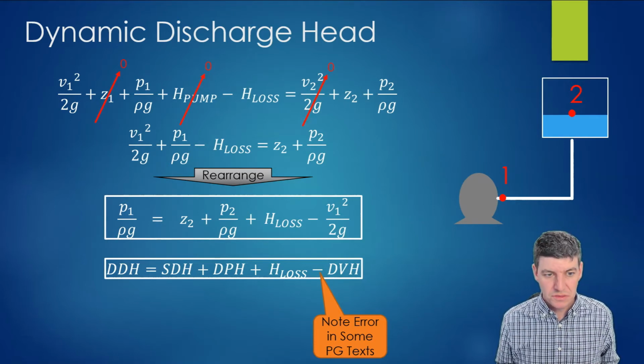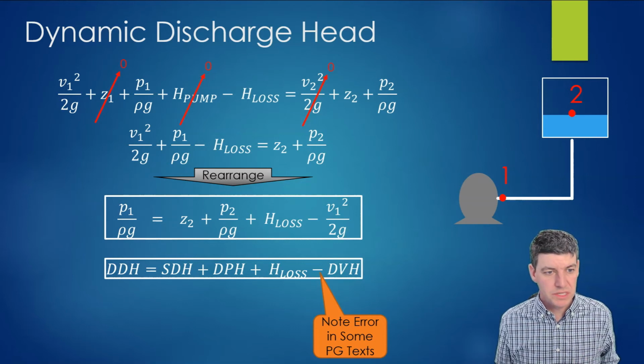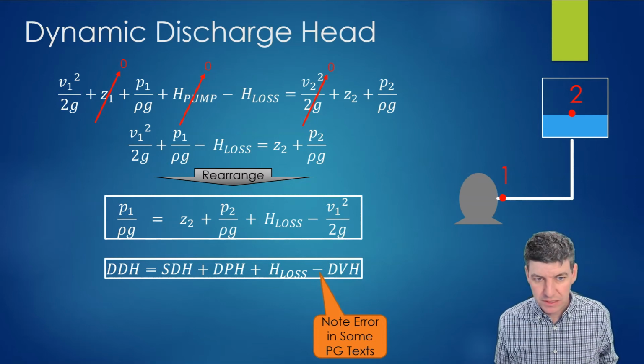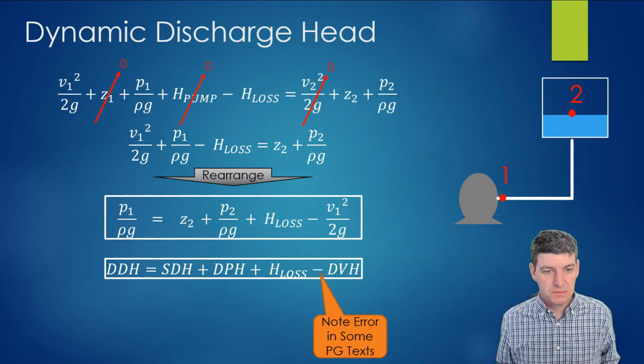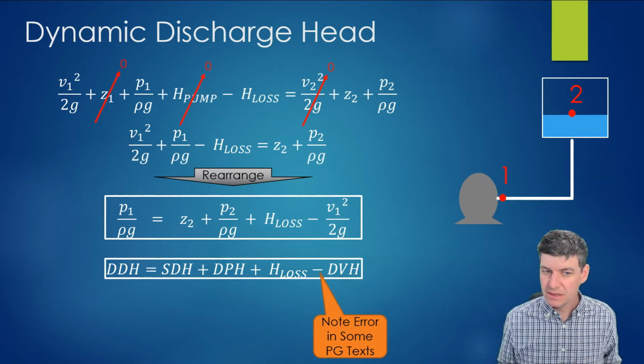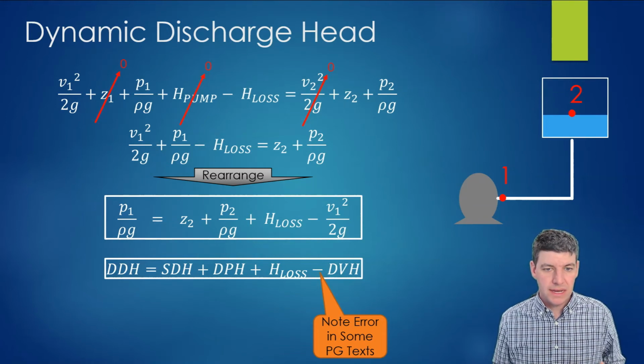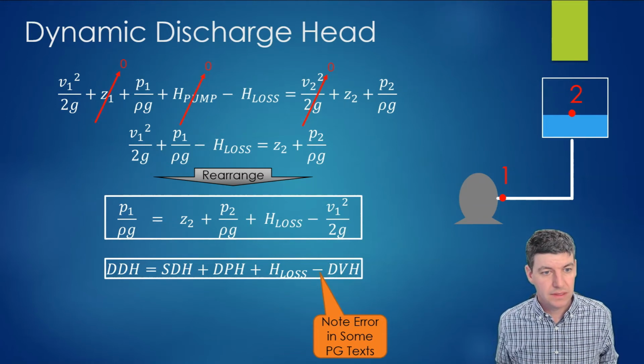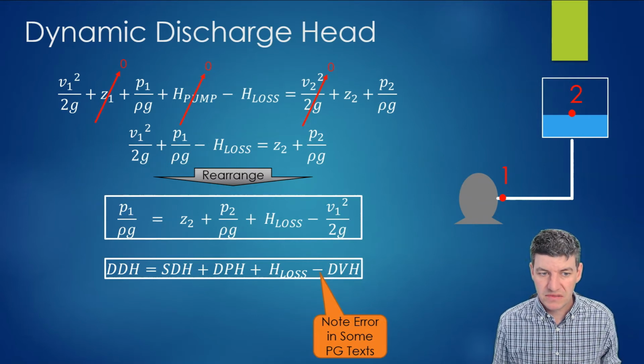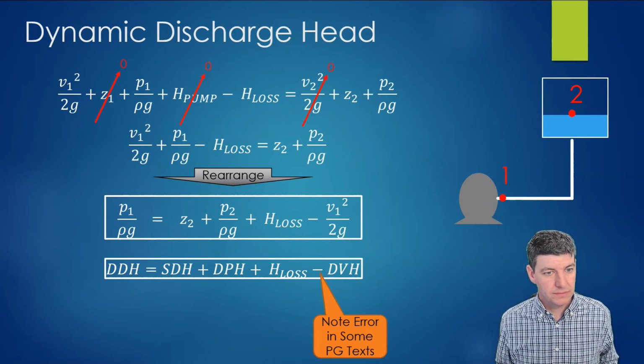Now, I'll caution you that some of your textbooks may have an error with this calculation. Some of them will have a plus dynamic velocity head, but it should be a negative value. It should be a negative value in our calculations.